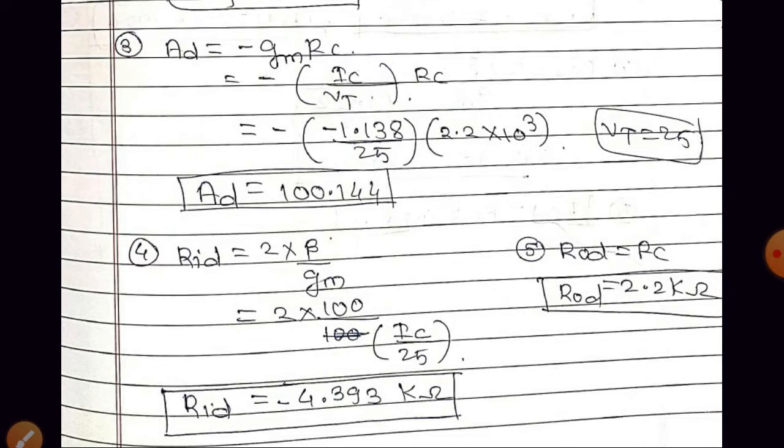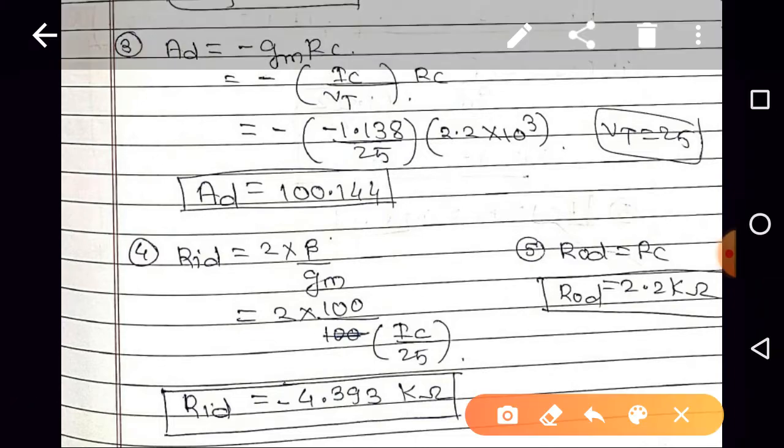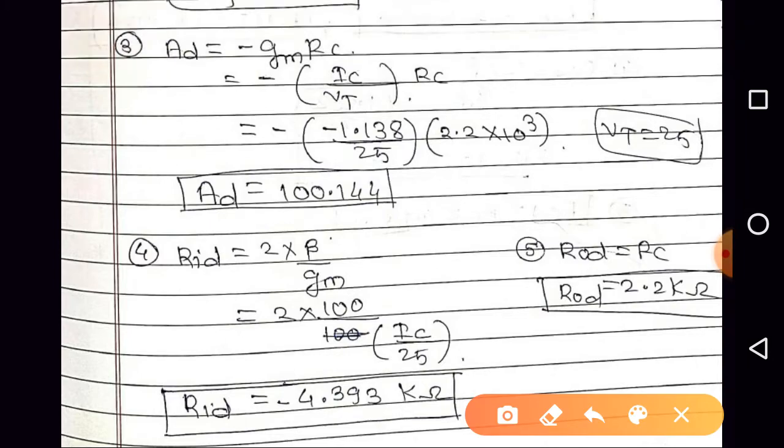Next, voltage gain AD is equal to minus GM times RC, that is minus IC upon VT times RC. All the values are given. Here VT we consider as 25, you will get AD is equal to 100.144.